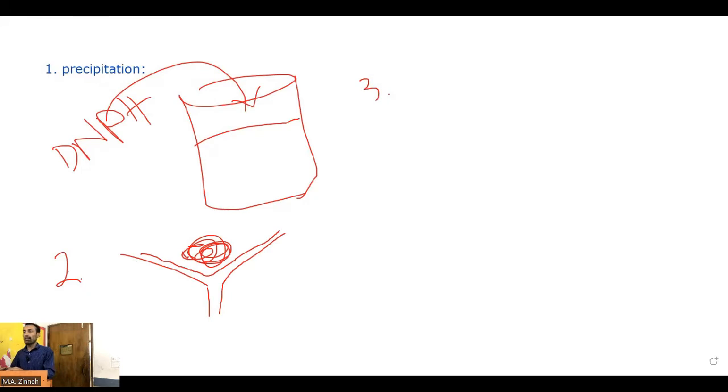This is basically by a process called recrystallization. Okay, this is recrystallization, and this is a technical issue. This is very technical. And why do you recrystallize? This is to purify the substance. And what kind of impurities may be there? Impurities may be 2 types.